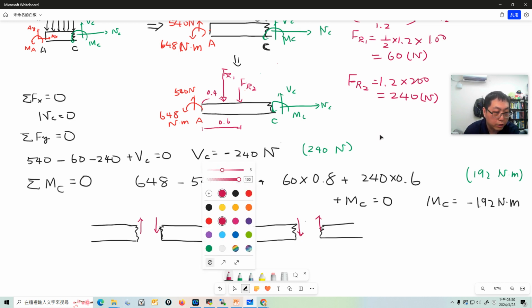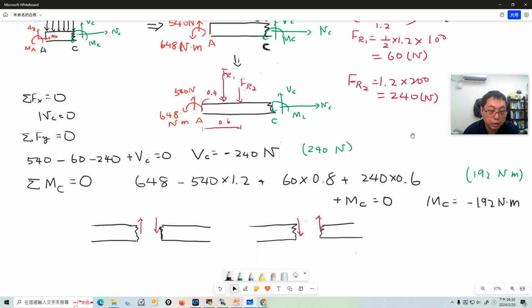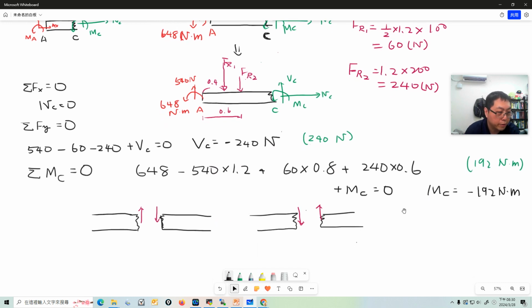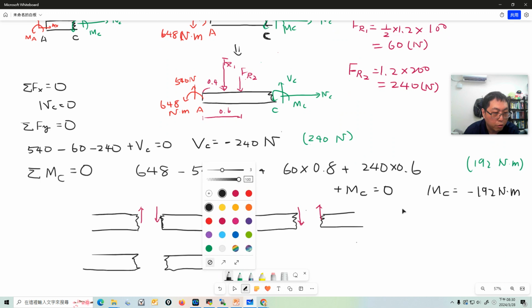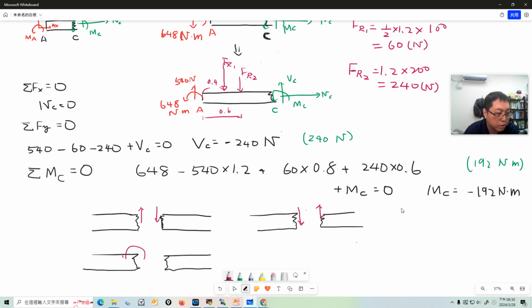The same happens to the moment. If I cut a section here, on the left hand side and on the right hand side, if the moment at the left hand side is counterclockwise, the right hand side must be clockwise. So the whole system will be balanced.